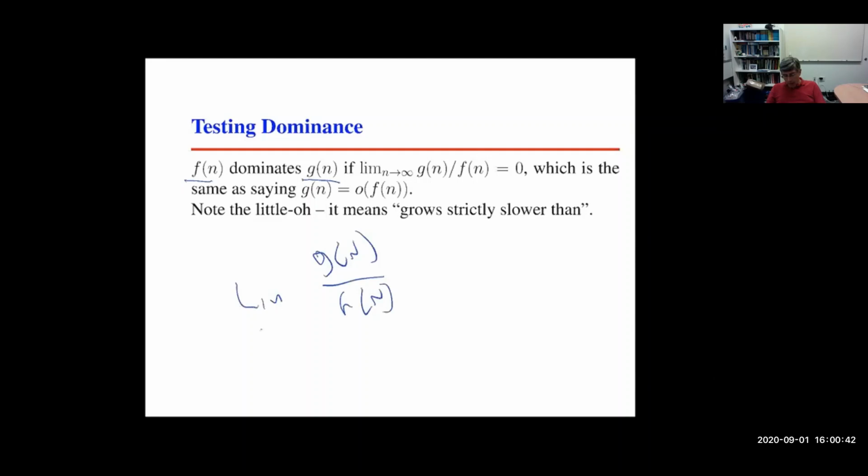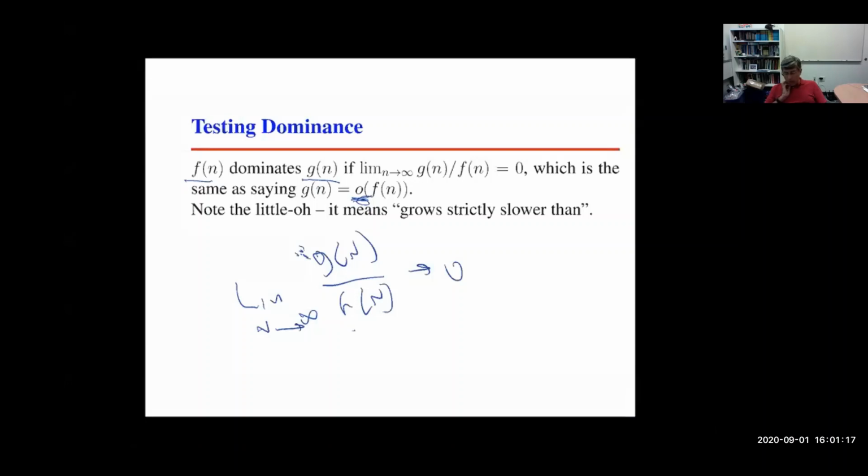What does it mean as n approaches infinity if this goes to 0? It means that g of n is much, much smaller than f of n. And when we say that g of n is much smaller than f of n, we actually introduce another notation, the little o notation, meaning that it grows strictly slower than f of n.